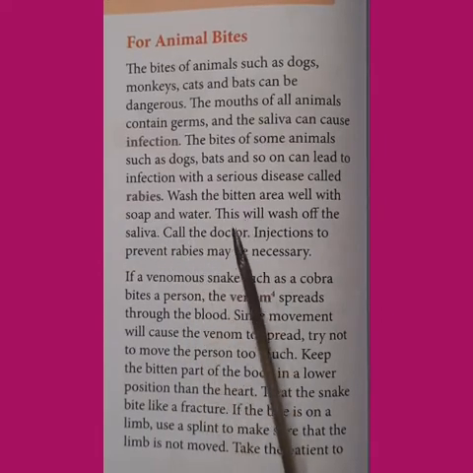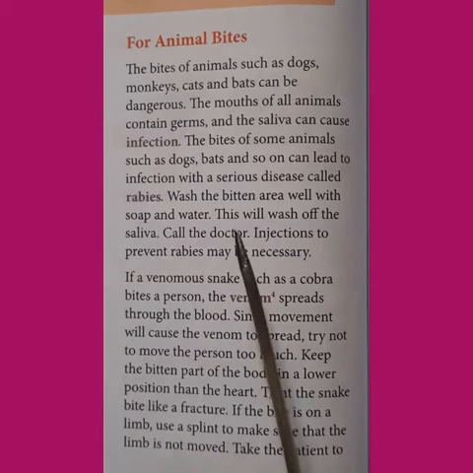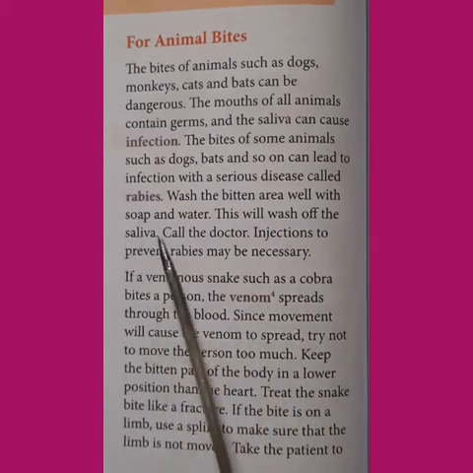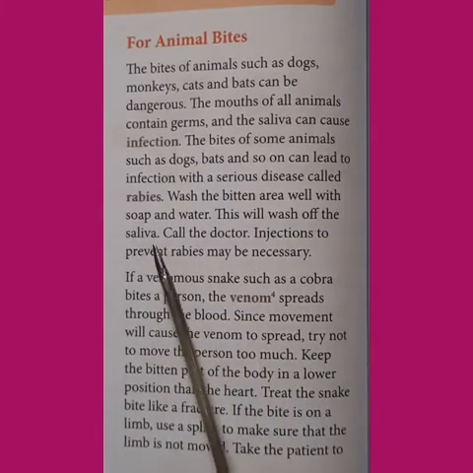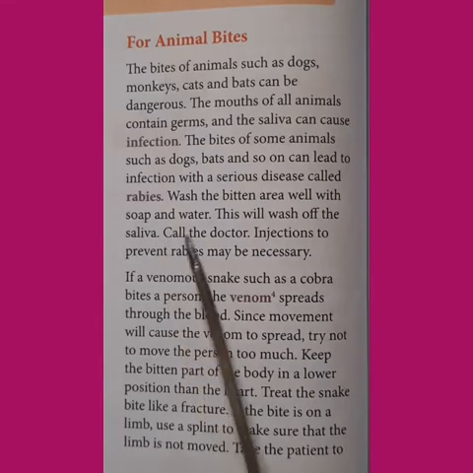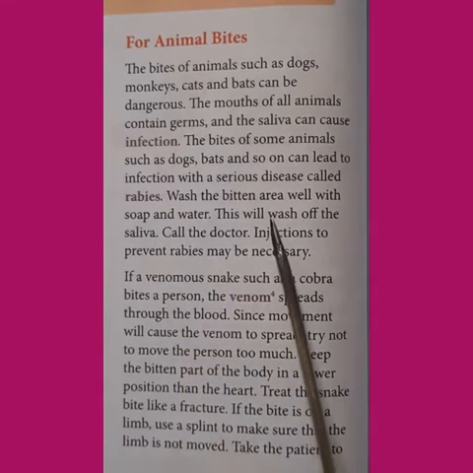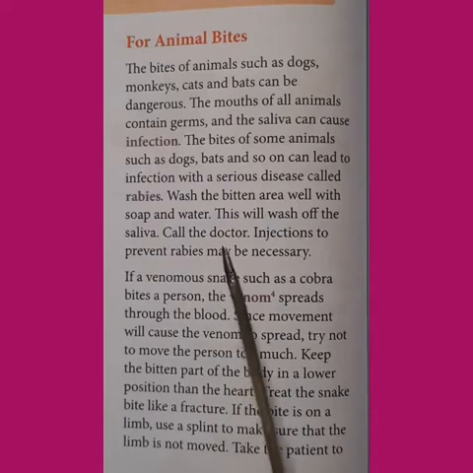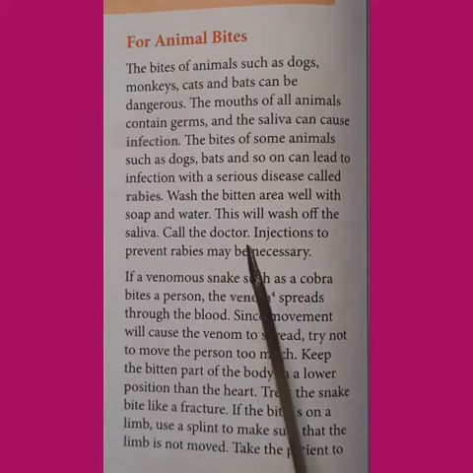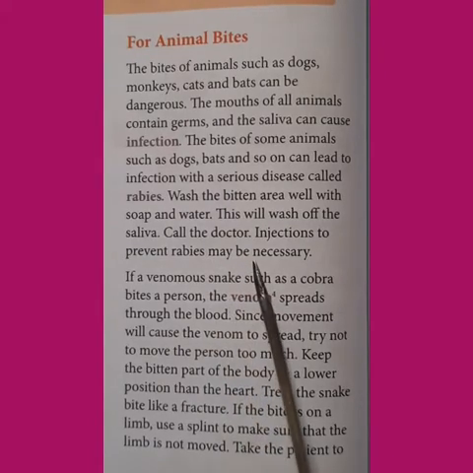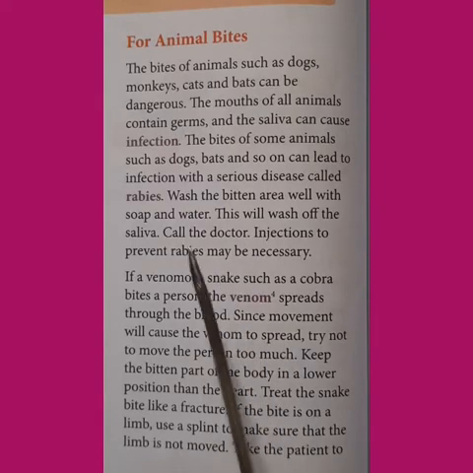If some saliva of the animal is there in that area, it will get washed off. After that, we have to go to the doctor and take injections in order to prevent rabies.